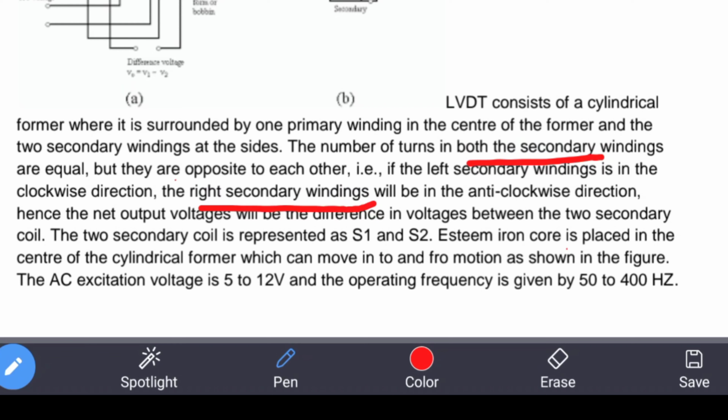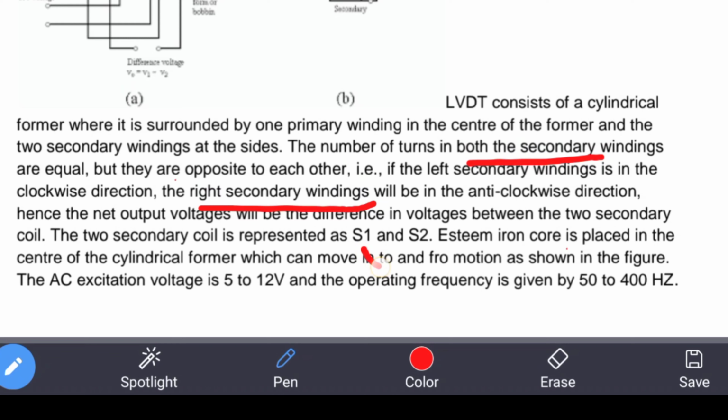Hence the net output voltage will be the difference of voltage between the two secondary windings, ES1 minus ES2. That's why it is known as a differential transformer: linear variable differential transformer.